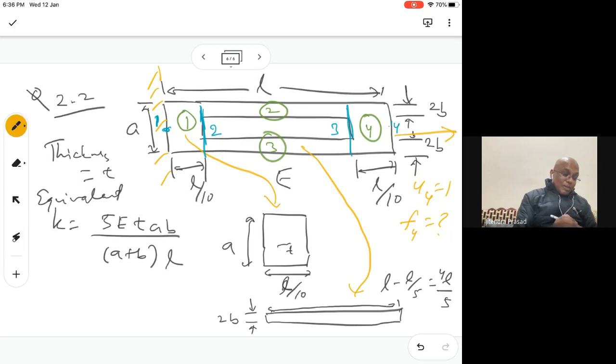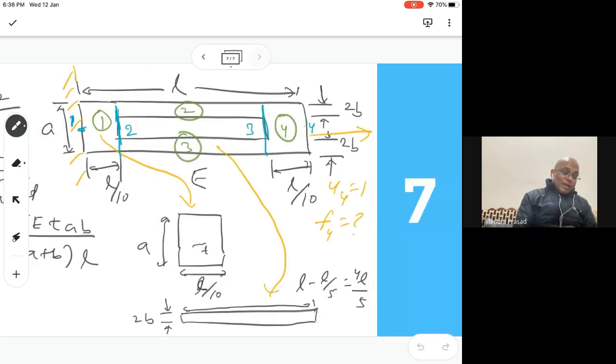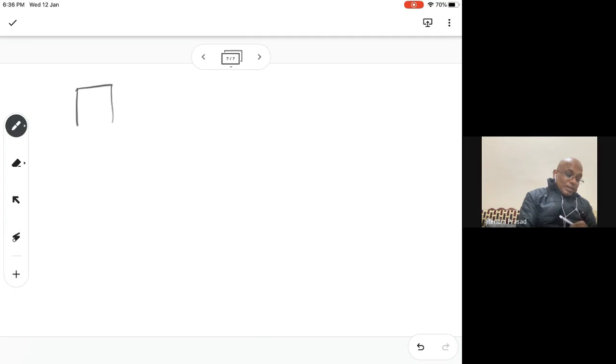Now what we have to do is take the first element; first and fourth are both the same. This is A, and this is L over 10, and the thickness is T. So what is the cross-sectional area?